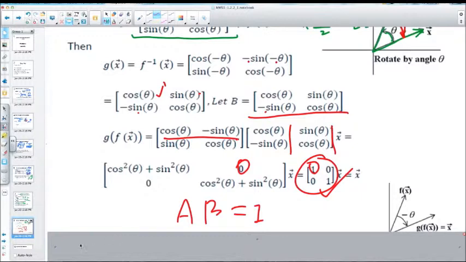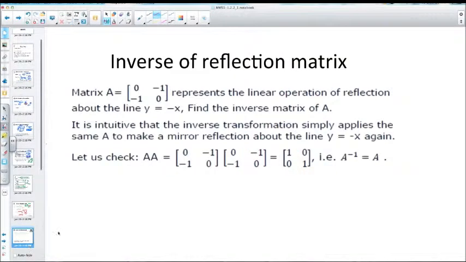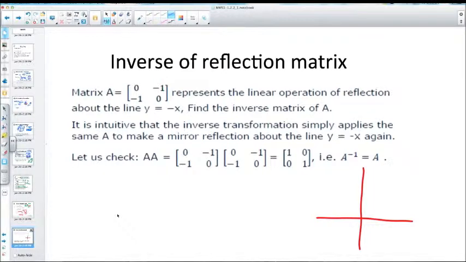Let's look at another example: the inverse of a reflection matrix. What is a reflection matrix? We talked about this example before. This is the line y equals negative x. If I have a vector here, the mirror reflection will be this one. X will reflect to this.